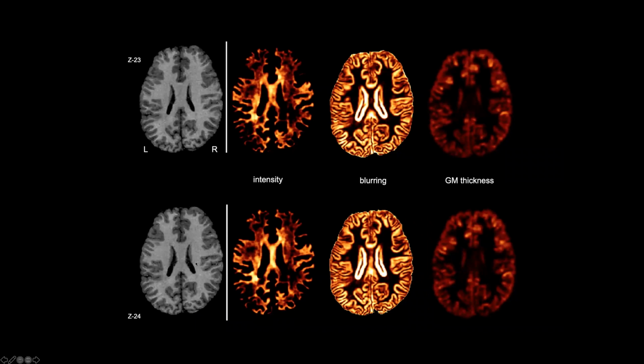As you can see, there is a small region of hyperintensity and blurring in the posterior quadrant, and this is the lesion on the preoperative T1 weighted MRI that was initially missed. The patient was reoperated in this area and became seizure-free.